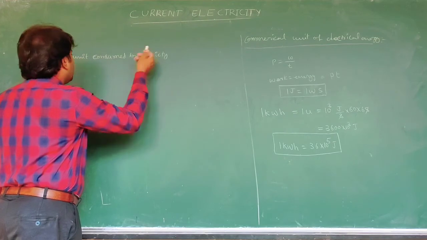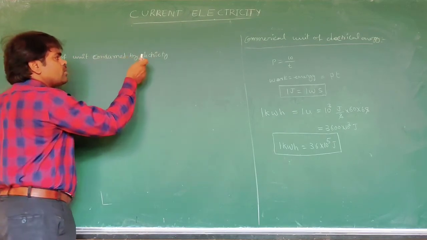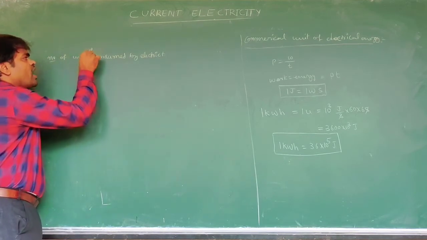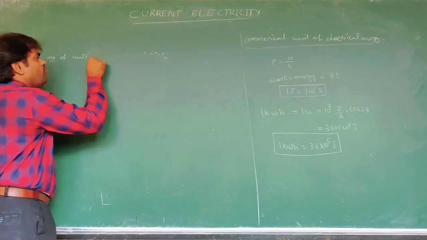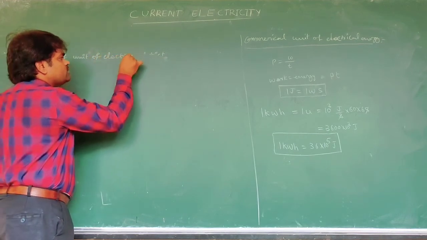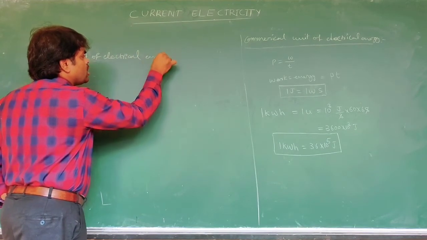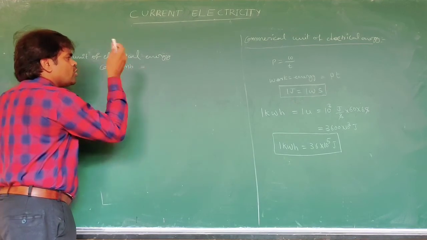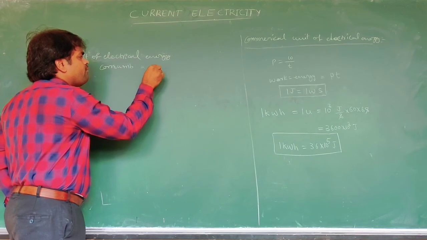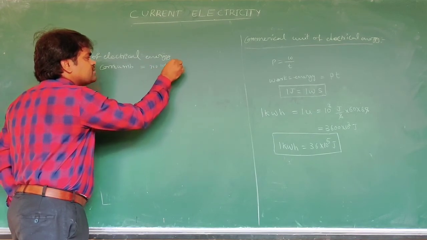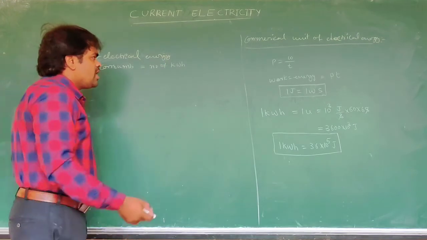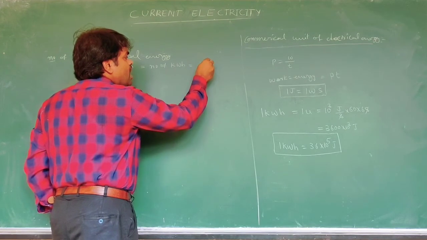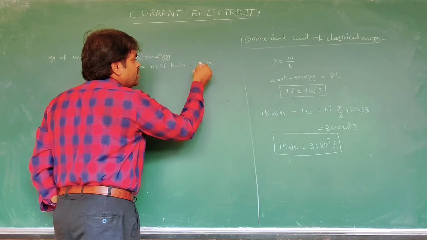The number of units of electrical energy consumed by the electrical appliance is equal to the number of kilowatt hours, that is, watt hour by 1000.